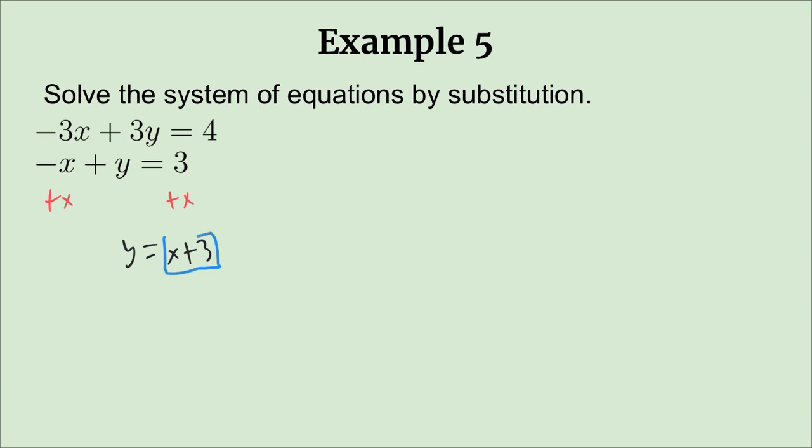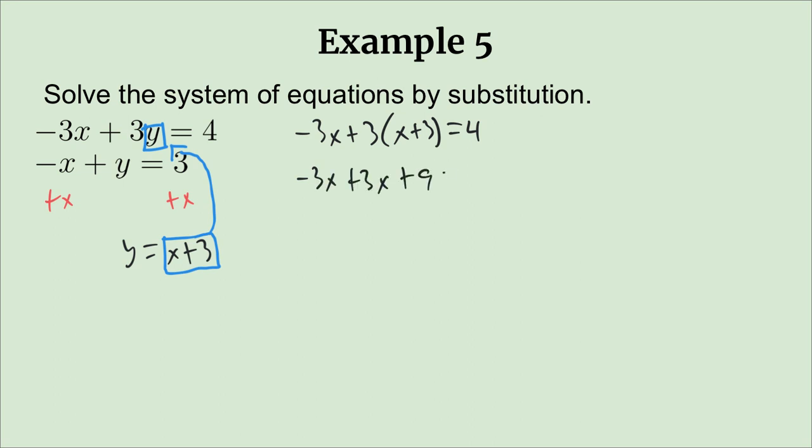We'll plug that in for this y up here. So we get negative 3x plus 3 times x plus 3 equals 4. Negative 3x plus 9 equals 4.